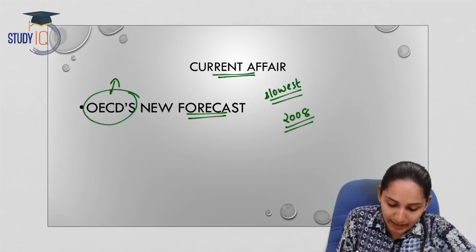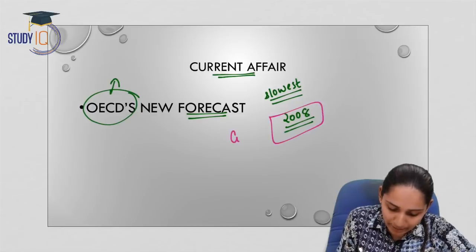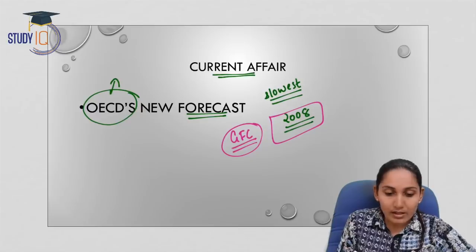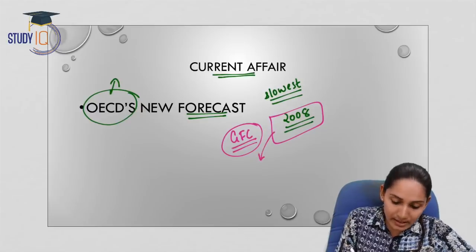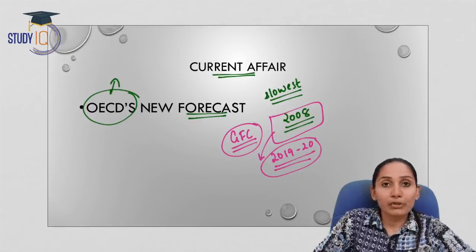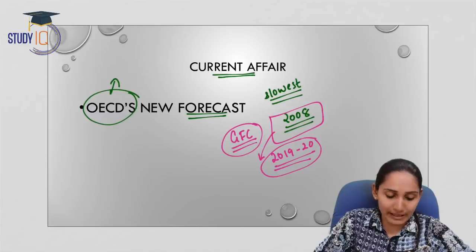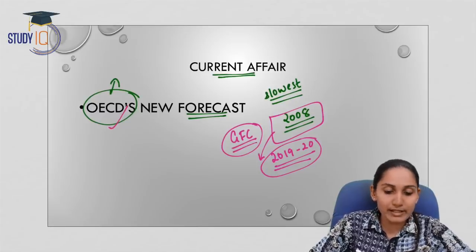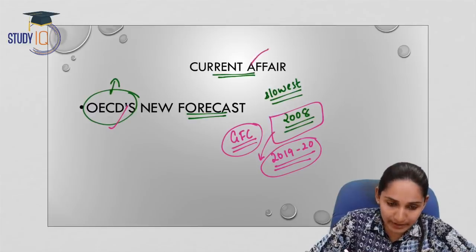In 2008 we know that there was the GFC, or global financial crisis. Since 2008, this present year, the 2019-20 financial year, is going to witness the biggest slip in the growth rates at the global level. This is the forecast of OECD and therefore it is a very important topic for all competitive examinations.